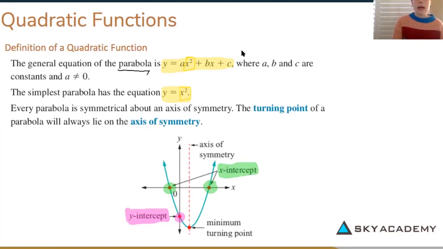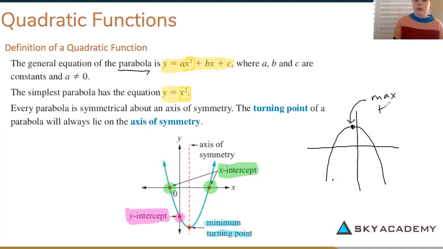We also have the turning points. You can have a minimum turning point, or you can have a maximum turning point. I'll just demonstrate quickly what a maximum turning point would look like. So here, that point there would be our max turning point.